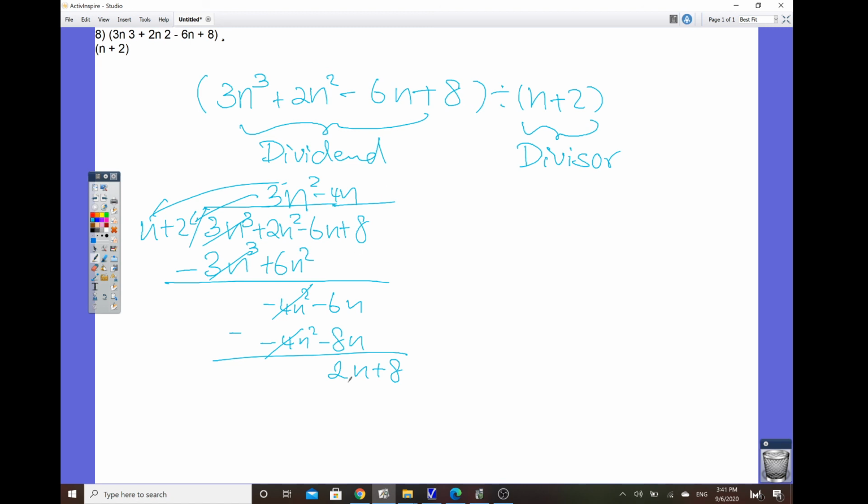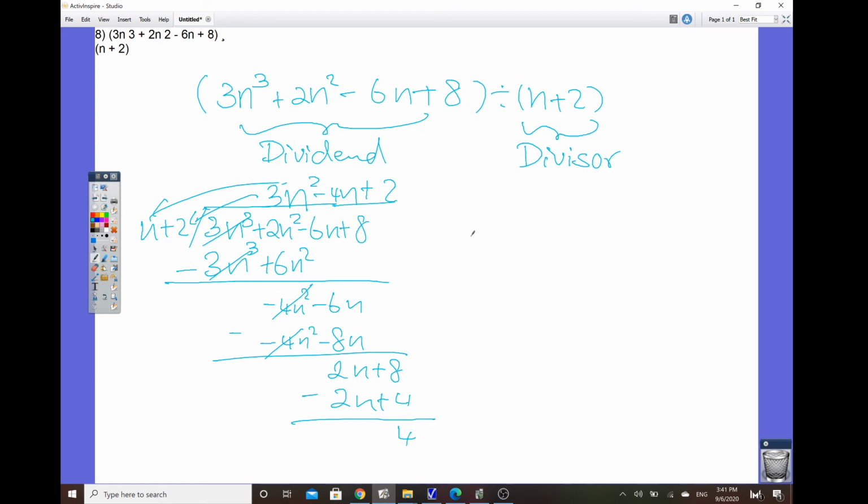Finally, let's figure out the number to cancel out that 2n. We multiply by 2, because 2 times n is 2n, and 2 times 2 is 4. For those students wondering, this one is not divisible, but no need to worry about it, we just end up with a constant remainder. 8 minus 4 is 4.